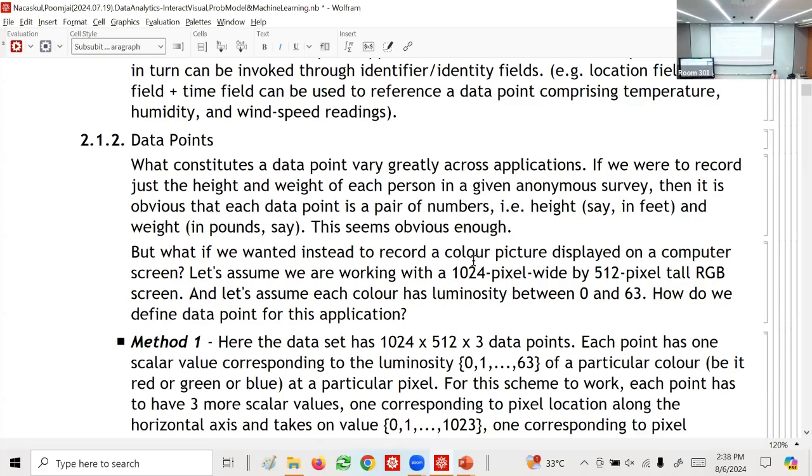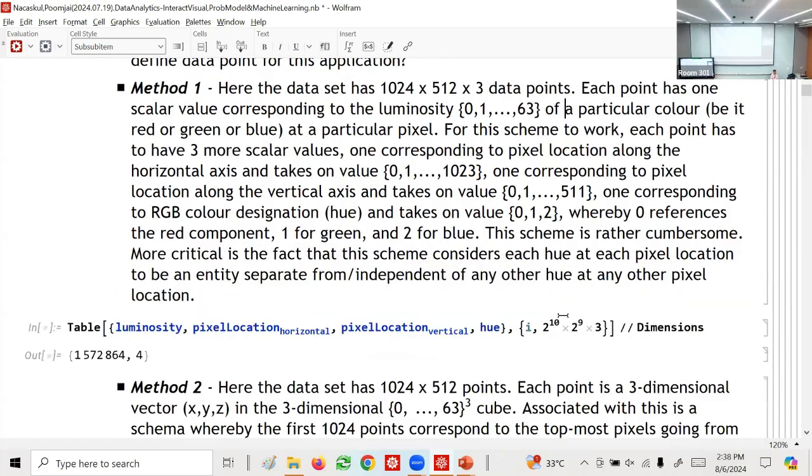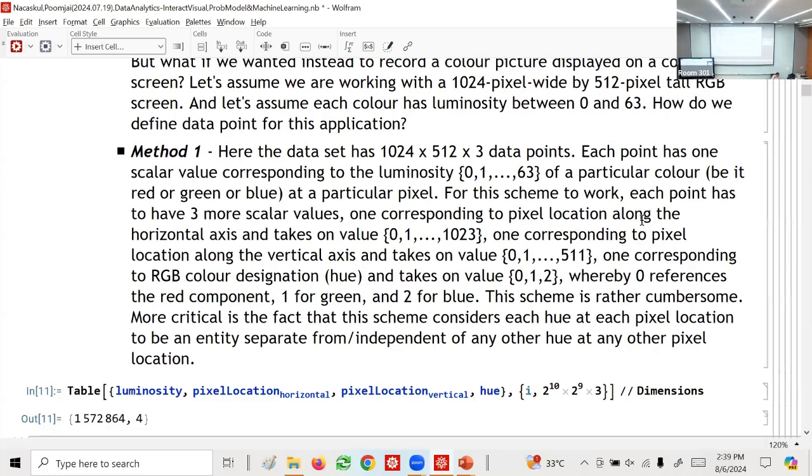So let's try method 1. 1,024 times 512, so it has that many points. For this scheme to work, each point has to have 3 more.